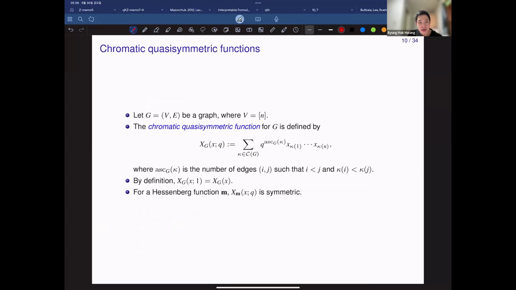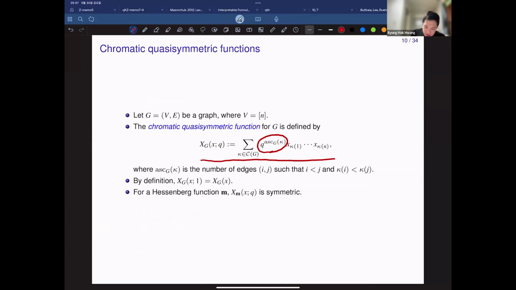Then we can define the chromatic quasisymmetric function on the graph G, which is the generating function of the proper colorings, as in the definition of the chromatic symmetric function. The only difference is this q weight, q to the ascent of the proper coloring.